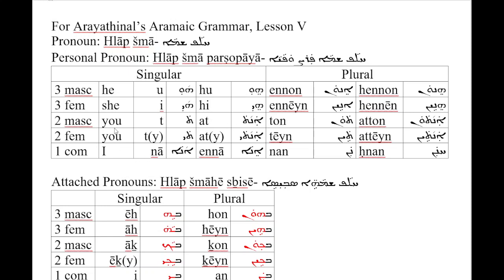And here I set this chart, and in the description there should be a link to my blog where I've made these available. Arayathinal, and maybe more than half of classical Syriac grammars, use the order that's common in Indo-European languages: I, you, he, she. But I prefer something that fits Semitic languages more.